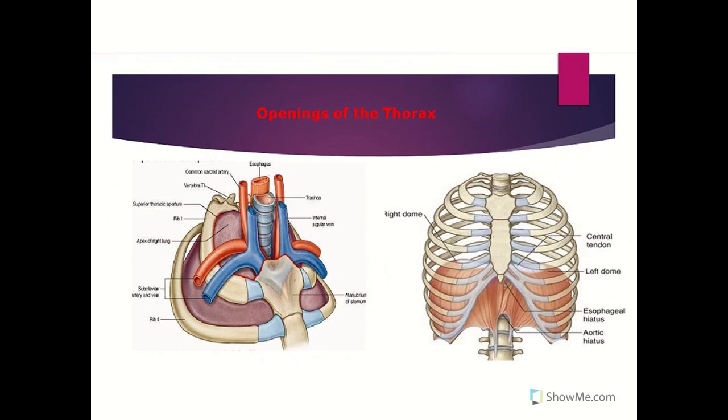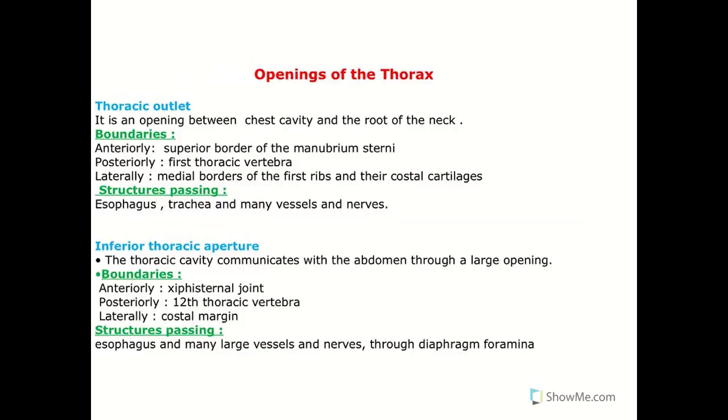What about the openings of the thorax? We have a superior opening of the thorax and an inferior opening of the thorax. This is the superior opening of the thorax, which is called the thoracic outlet, and this is the inferior opening of the thorax, which is between the thorax and the beginning of the abdomen.